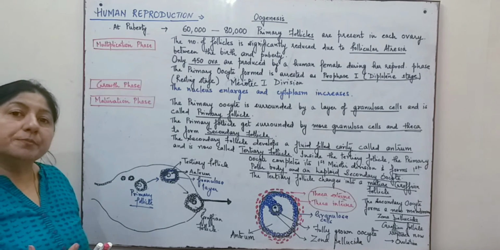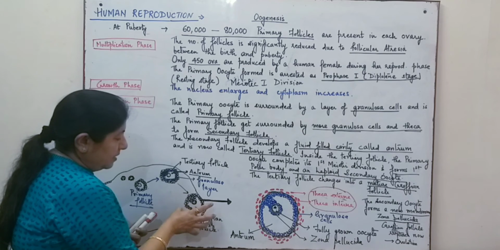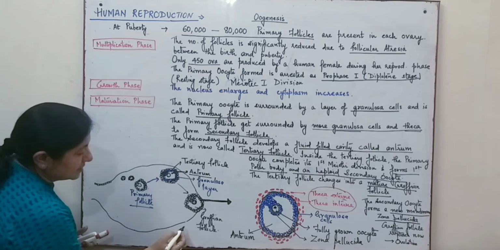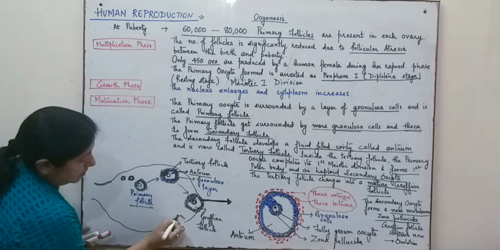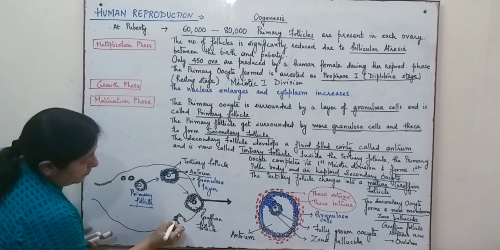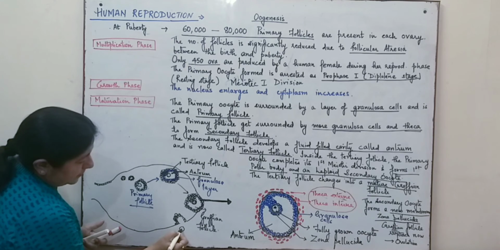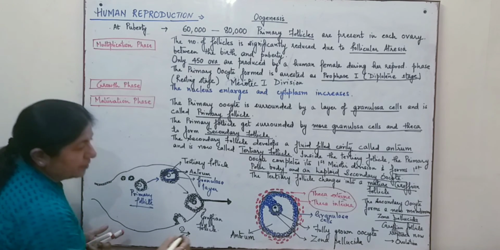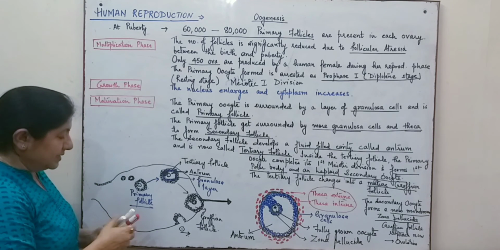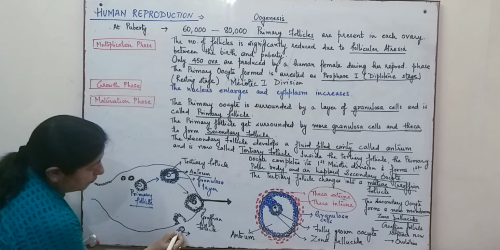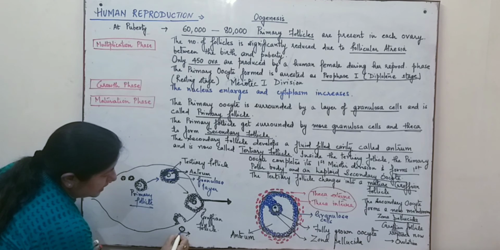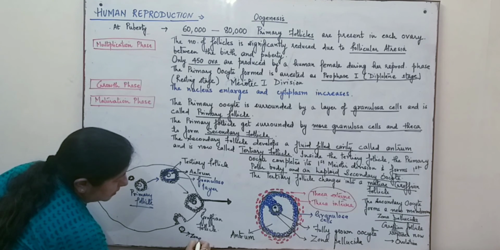The most important being that when this Graafian follicle ruptures, it will release the ova. After rupturing, this is the mature ova which is being released, and it is surrounded by a layer known as the zona pellucida.